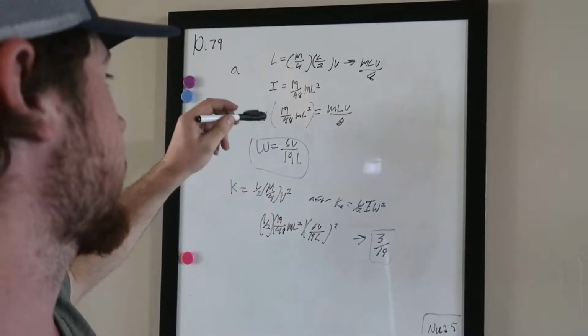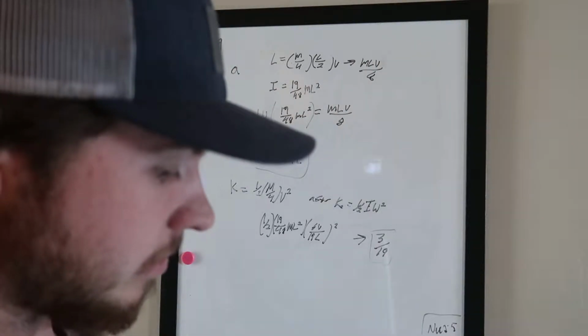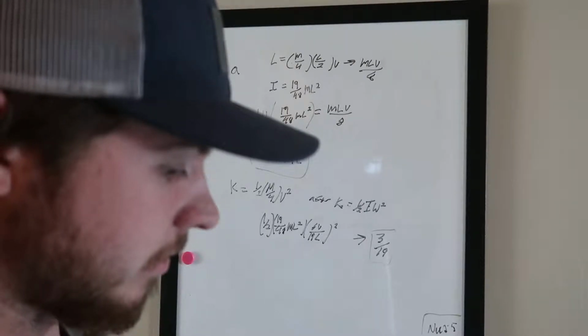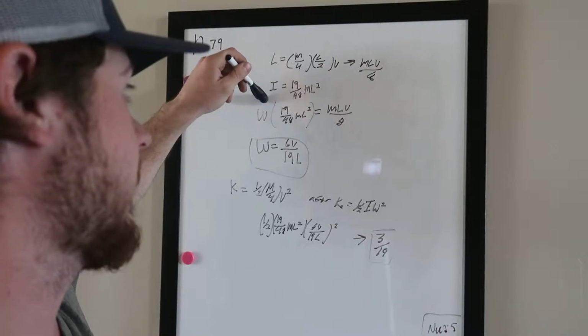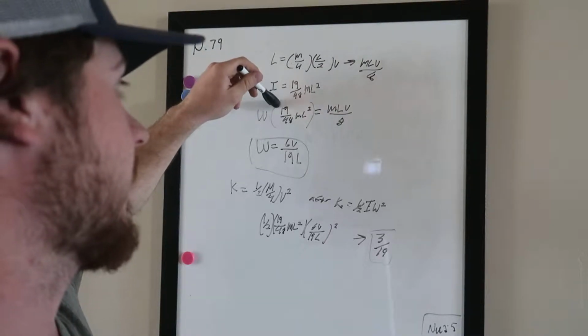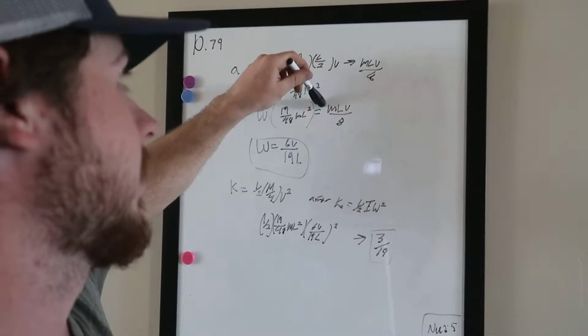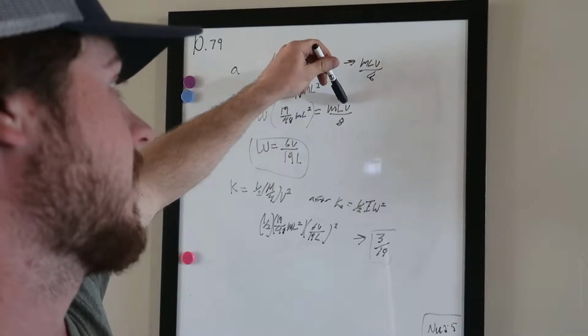And so we're using the law of conservation of angular momentum, so we have the angular velocity multiplied by 19/48 multiplied by the mass times the length squared is equal to the mass times the length times velocity divided by 8.